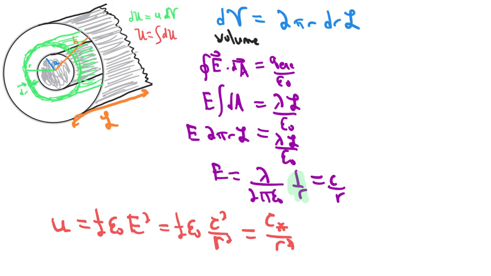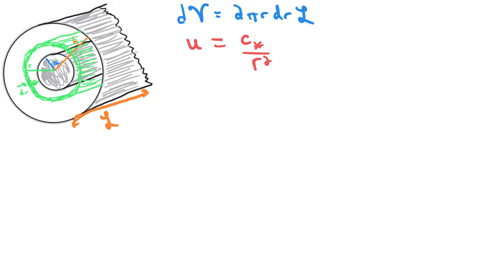The key thing is that these constants, the little c's here, C and C star and so on, are all geometric factors. They don't depend on anything. They don't change from one to the other. The only thing that's changing here is the radius we're considering. So the length of the conductor, the charge on the conductor, all of that stuff doesn't change. So I'm just going to abstract it back into some constant, which in this case is C star over R squared. All right, so we can go further.